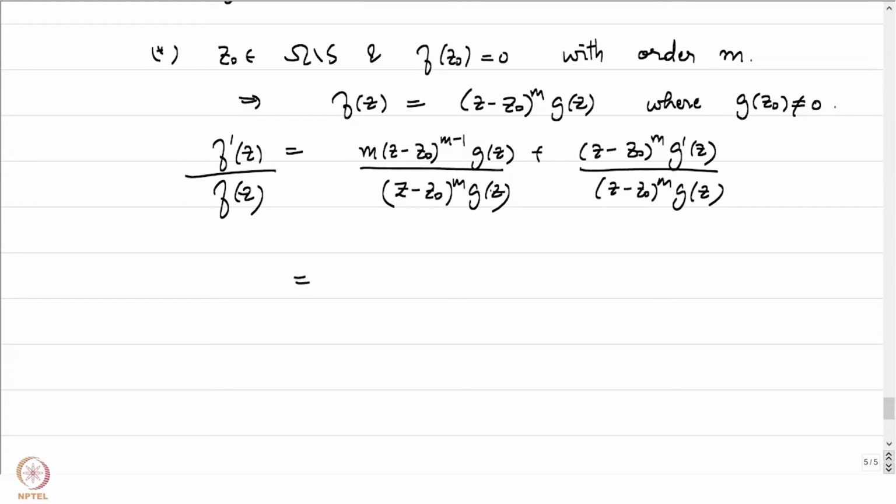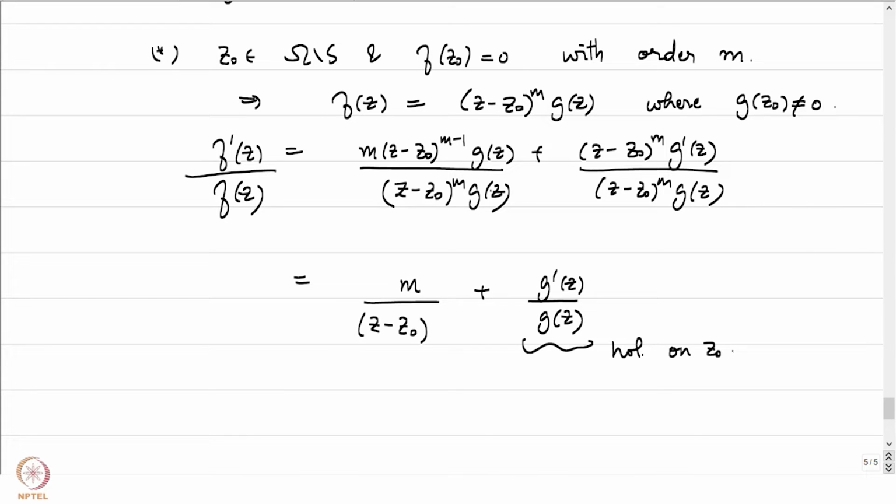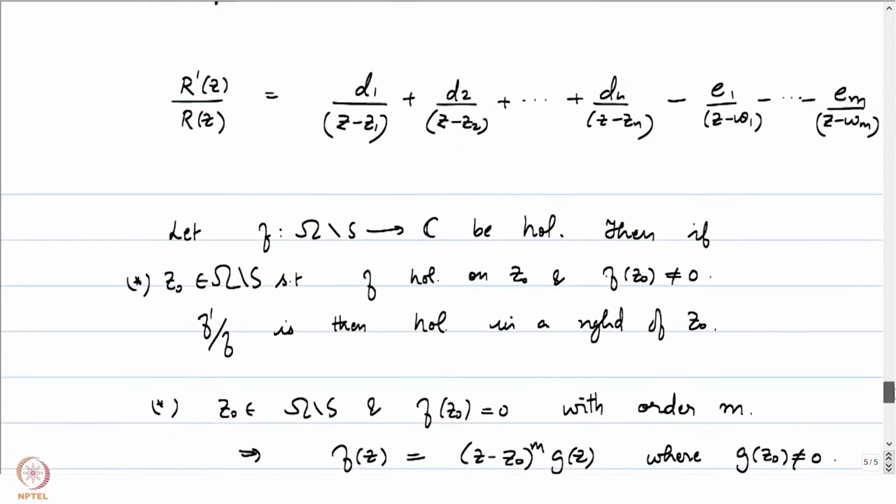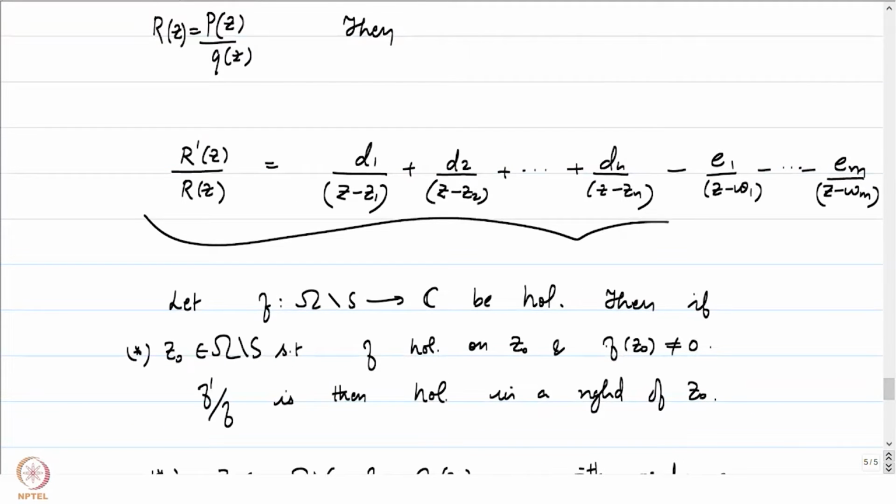So, hence we get the log derivative of f to be equal to m by z minus z0 to the power 1 plus g prime of z by g of z, and by noting the previous case, this function is holomorphic in a neighborhood of z0.